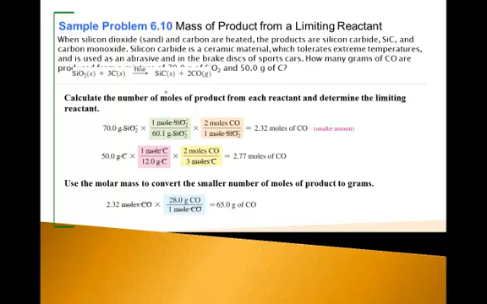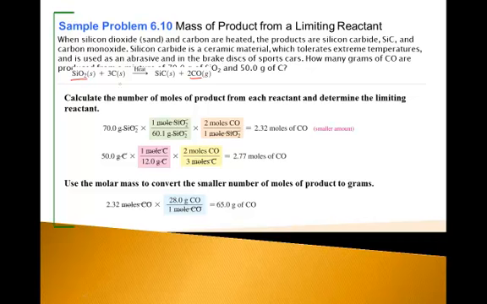So the first step is I've got to figure out moles that I could make of CO, because it's asking me for how many grams of CO. So I'm going to take my 70 grams of SiO2, divide by the molar mass to get the moles. Then the next step is my mole to mole ratio, 2 COs for every 1 of SiO2. That's going to tell me how many moles of CO I could make.